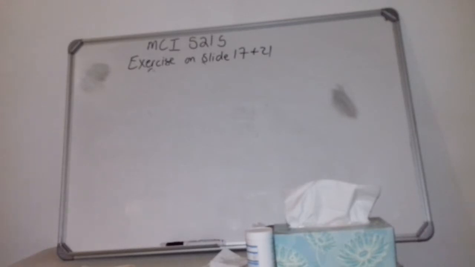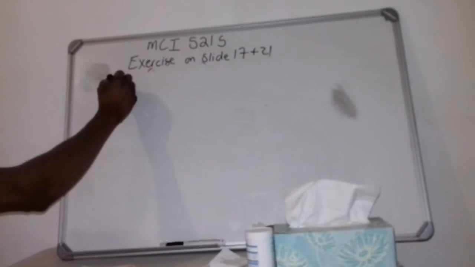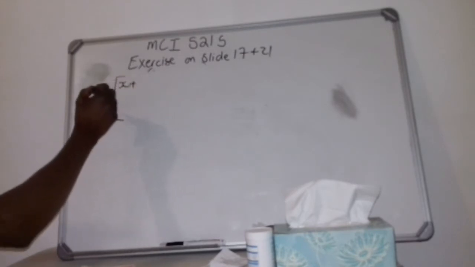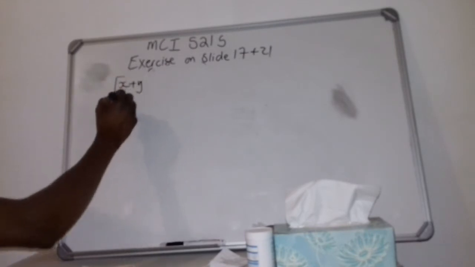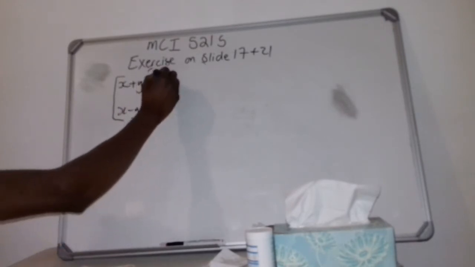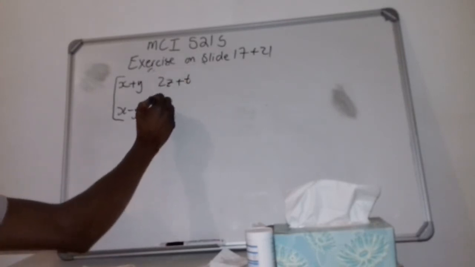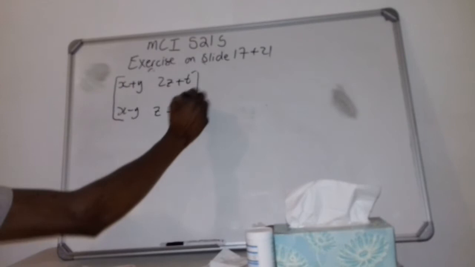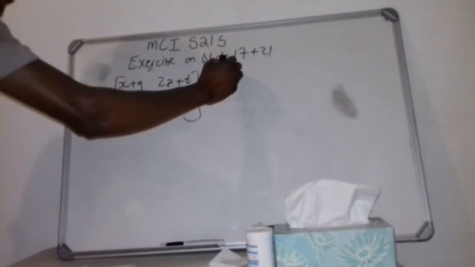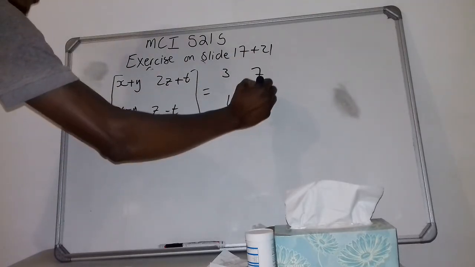On slide 21, we are given something like this. We are told that a matrix with these components, x minus 4y, 2z plus t, z minus t, is equal to 3, 1, 7, and 5.